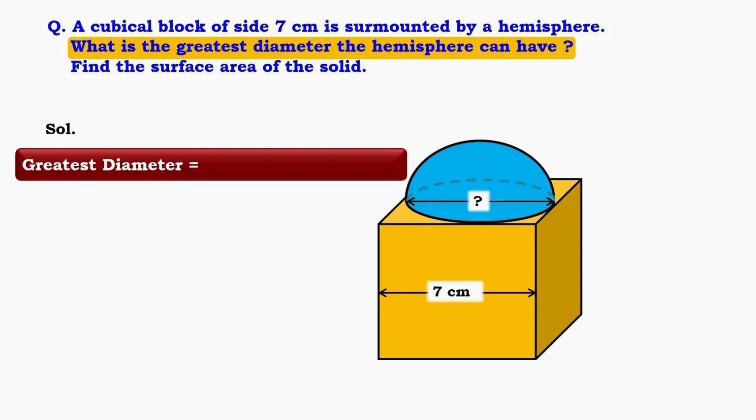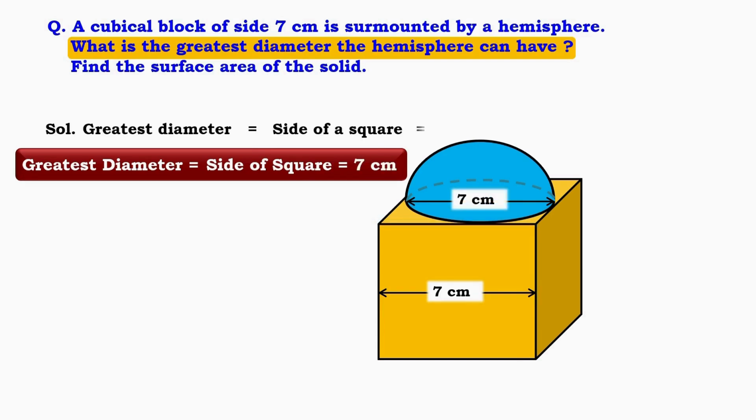Okay, so it can be smaller than that. So the greatest diameter is equal to the side of the cube, that is equal to 7 centimeter.